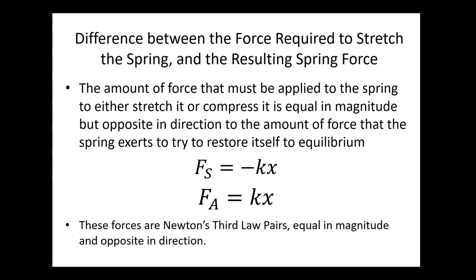But the applied force, the force that someone must apply to either stretch or compress the spring, is the positive of that, is just kx. Notice there's no negative sign. These two forces are Newton's third law pairs. They are equal in magnitude but opposite in direction.